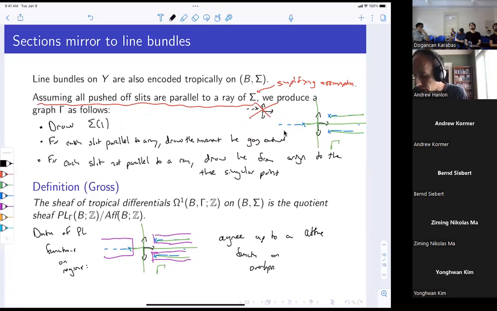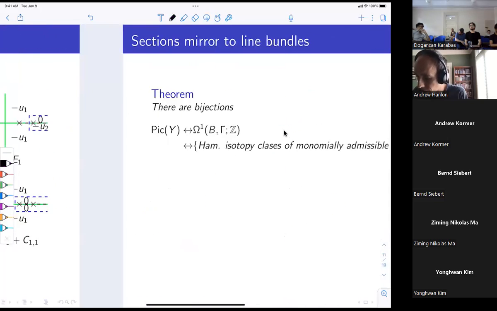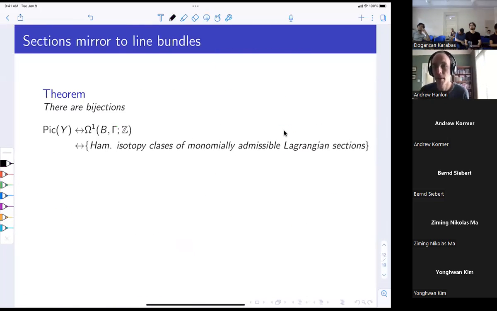So here, maybe I'll do these slides in the opposite order because of time. Here's the statement. The first statement appears in the Gross-Siebert program and is essentially implicit in GHK, that the Picard group of Y corresponds to these tropical differentials, and these also correspond to Hamiltonian isotopy classes of monomially admissible Lagrangian sections.